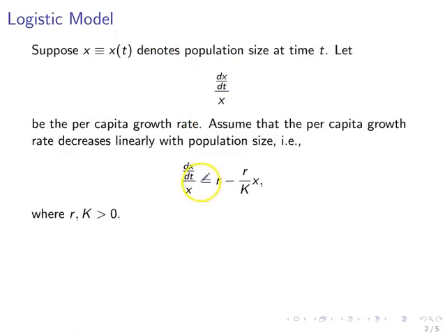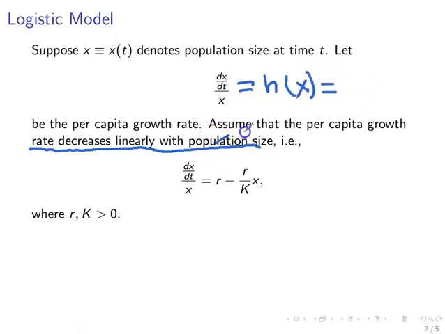Now, if we assume that instead of being constant, that ratio actually is a function of the population size, so we can think of this as some function, h of x, such that this function is linear, the ratio being linear, something that is linearly decreasing with the population size, then we would have this scenario right here.